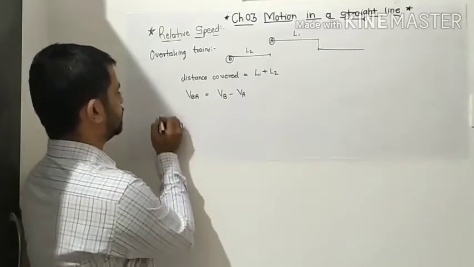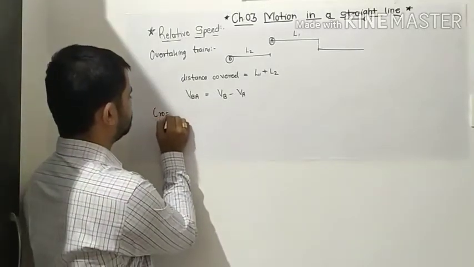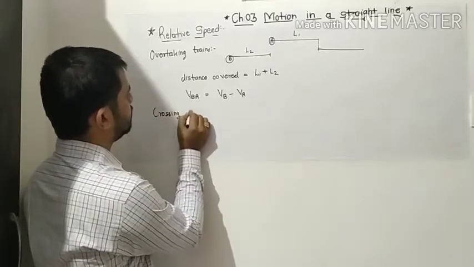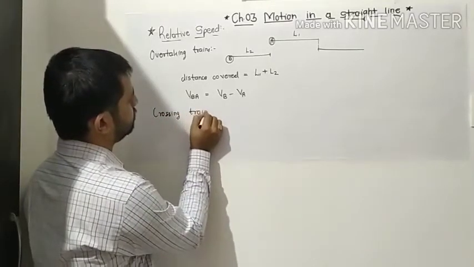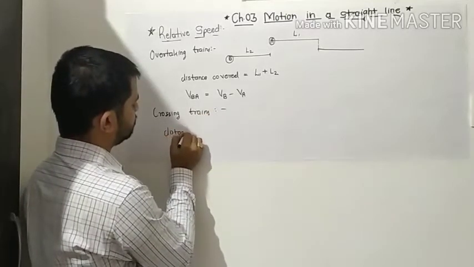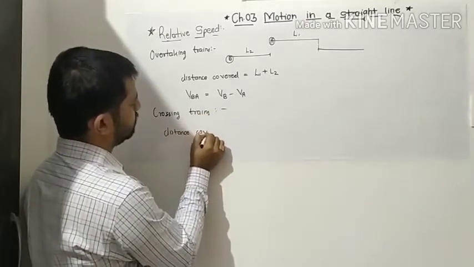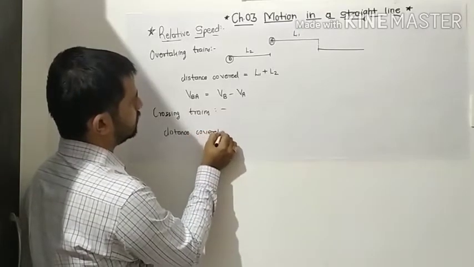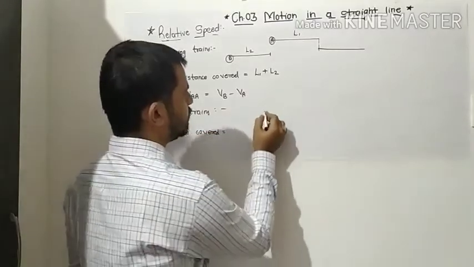Now in case of crossing trains, the distance covered is, now the two trains are crossing each other.